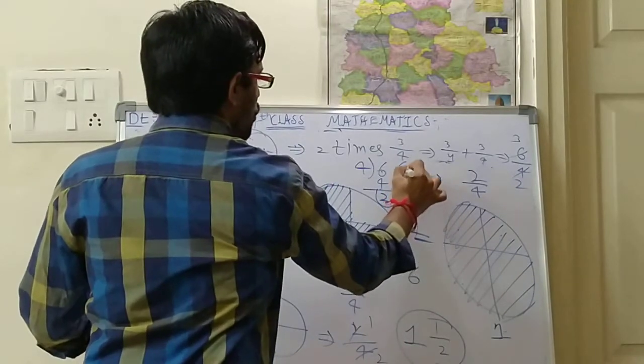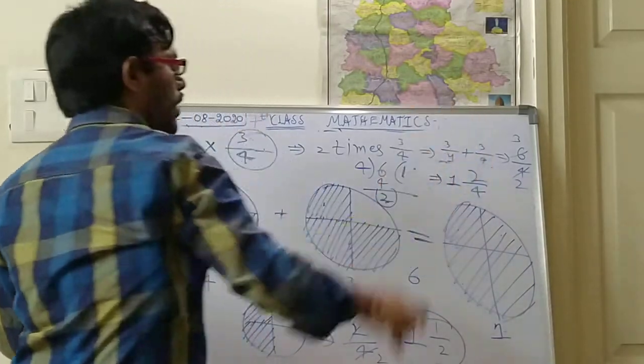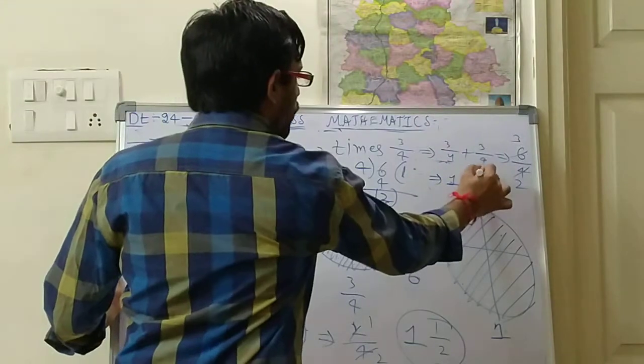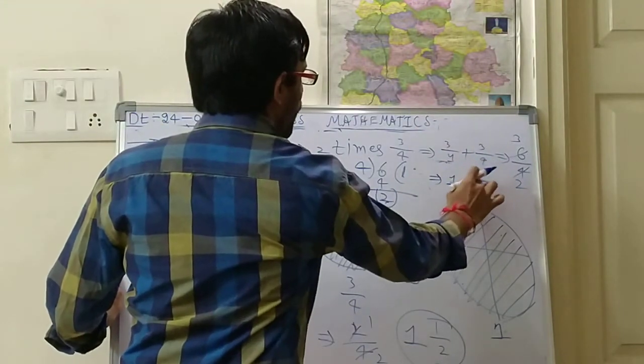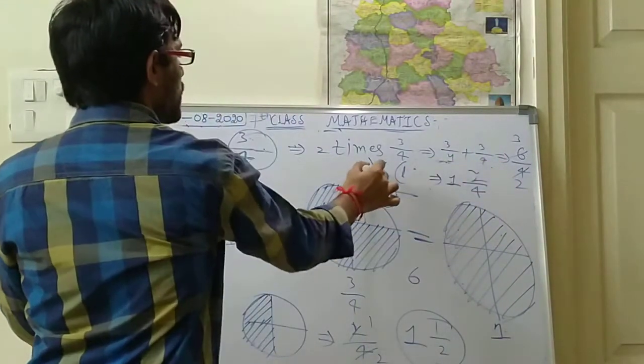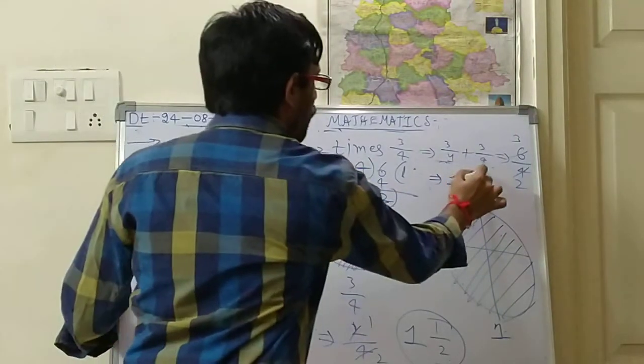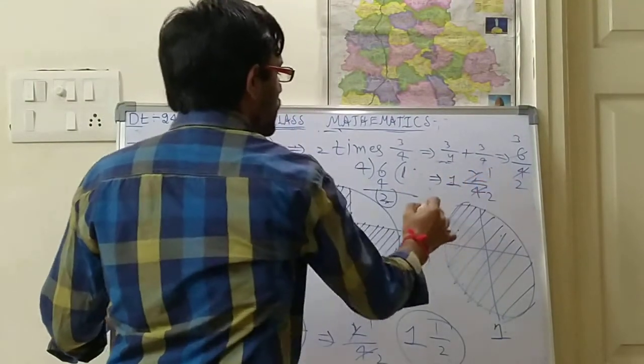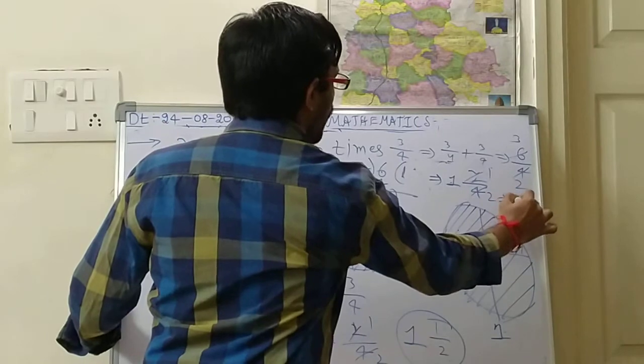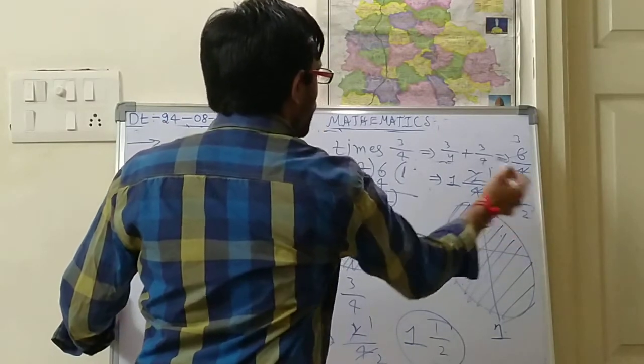Next, this quotient you should write as a whole number. Okay, 1 2 by 4. That means 1 2 by 4 gives 6 by 4. So if you get 2 ones, 2 twos, 1 by 2. So 2 ones, 2 plus 1, 3 by 2.